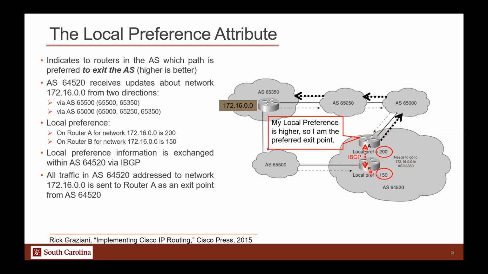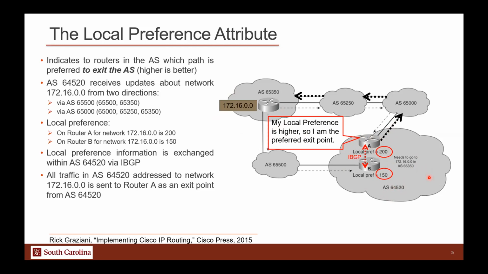So now the information will be advertised through all the routers, and this network will be selected to steer the traffic from autonomous system 64520 to this network. All of it will be sent out to router RA as an exit point from this network. So the local preference is intended to influence all outgoing traffic.